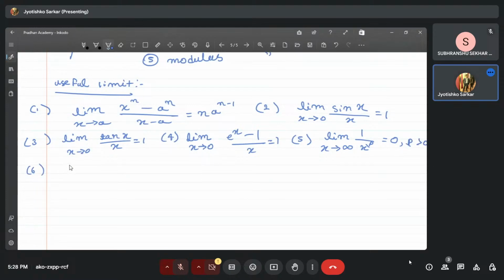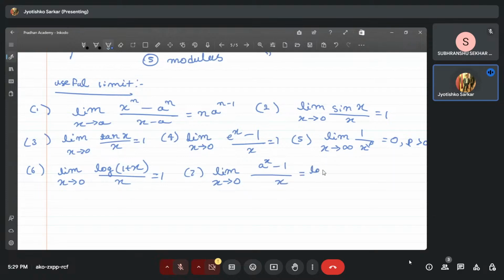Number 6, limit x tends to 0, log of 1 plus x divided by x equals to 1. X tends to 0, a to the power x minus 1 divided by x is log a.